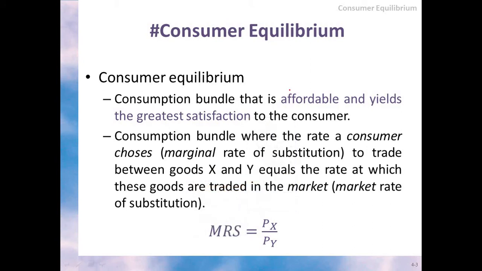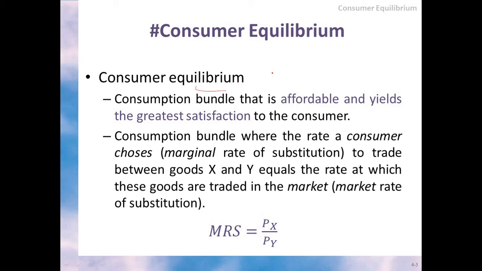Consumer equilibrium is when we combine the indifference curve and budget line together. Similar to when we talk about market equilibrium, we put supply and demand in one graph, so we look at the interaction between demand and supply, and the point is what we call market equilibrium.